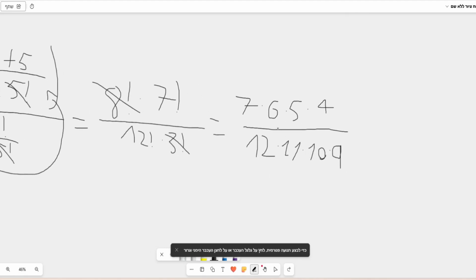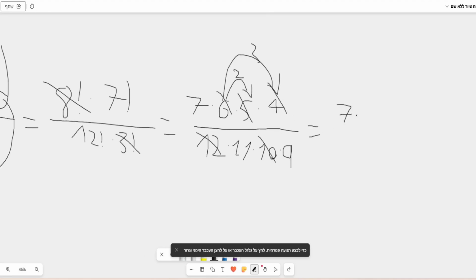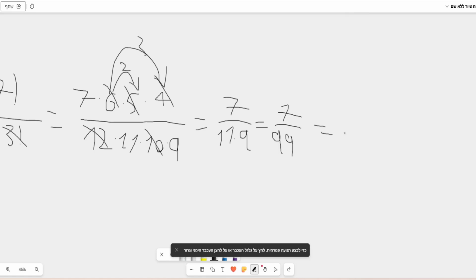And like earlier, the 6 is going to split into 2 here and 3 here to give us 10 and 12. So these 3 cancel out with the 10 and 12, and we're left with 7 over 11 times 9, which is 7 over 99, which gives us the same solution of 0.07 repeating.